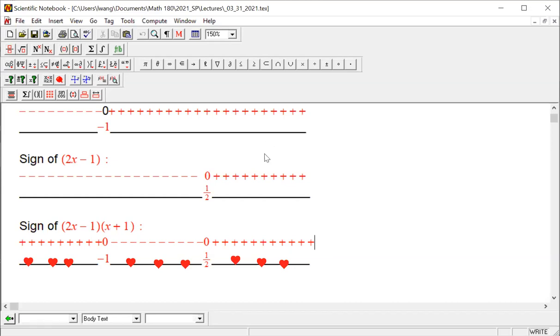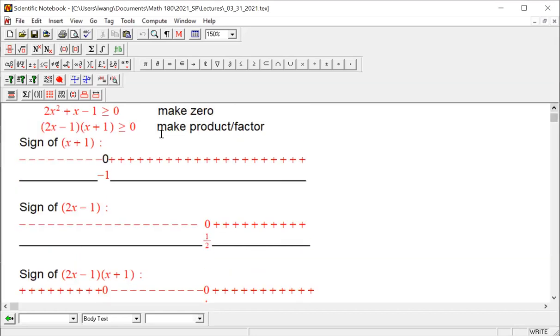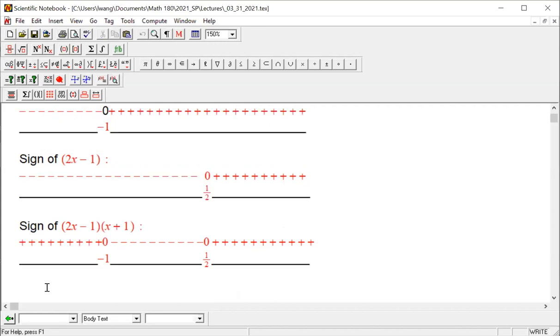So now, with that discussion, and the tables and the chart we worked out, what will be the solution to this inequality?